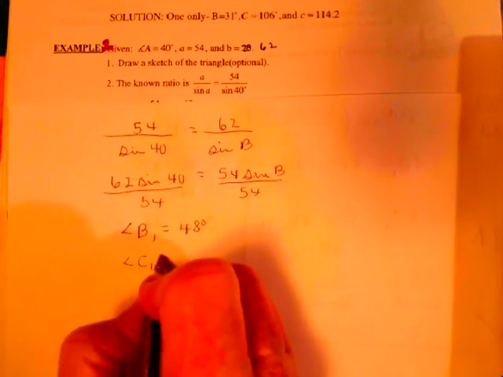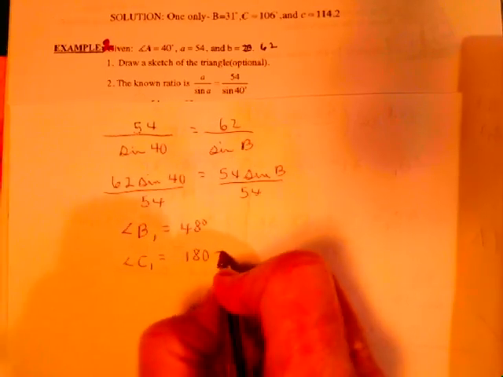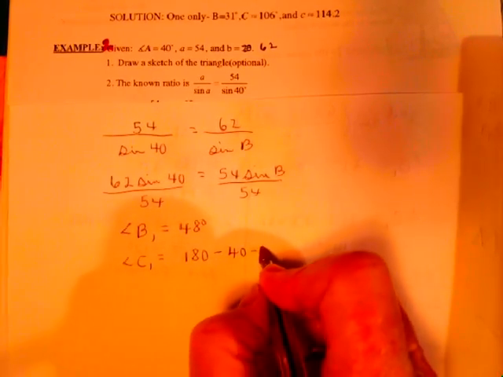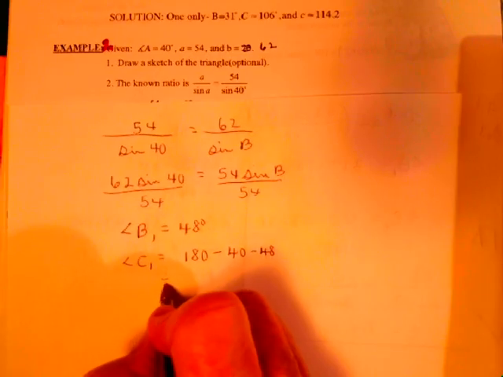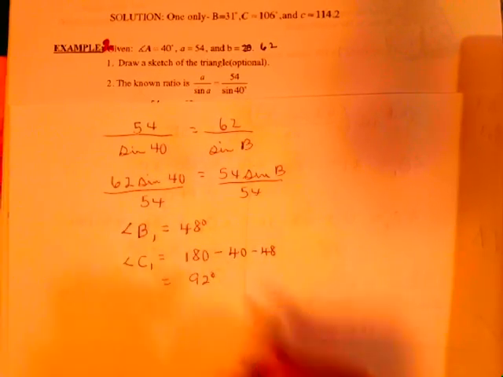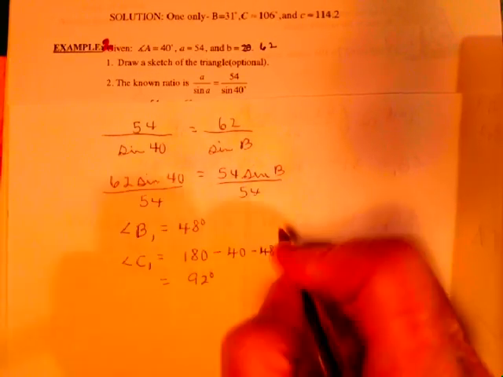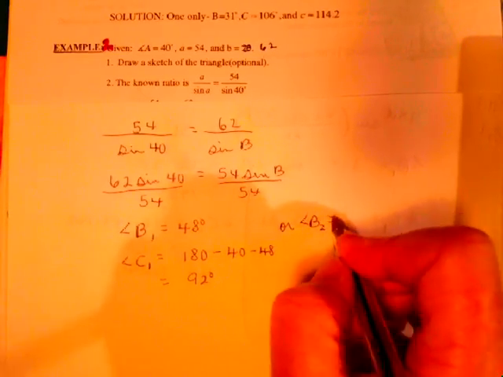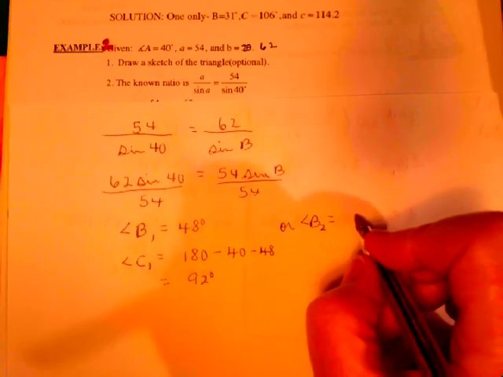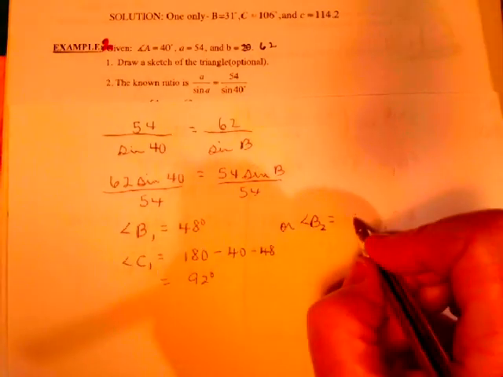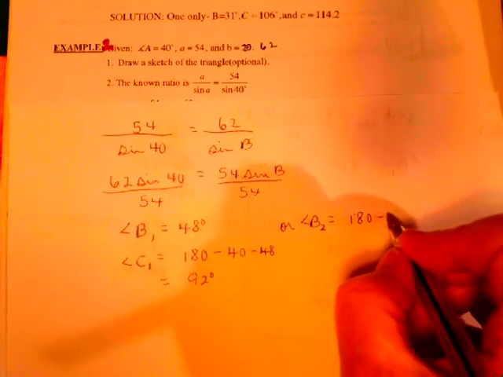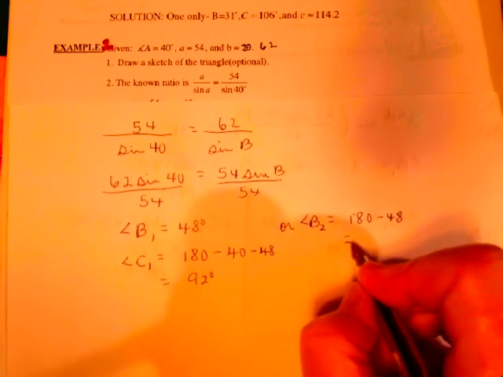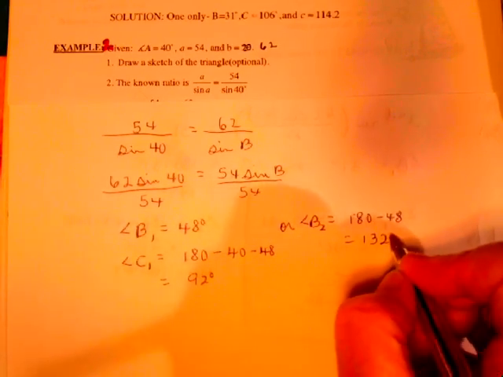Angle C1 equals 180 minus 40 minus 48, which is 92 degrees. Or angle B2 would equal the supplement of this, which is 180 minus 48, which is 132 degrees.